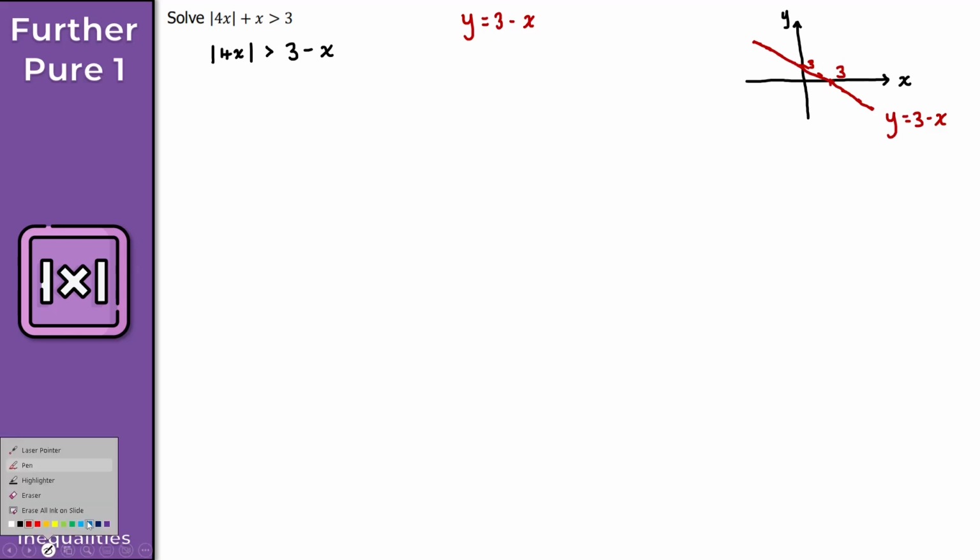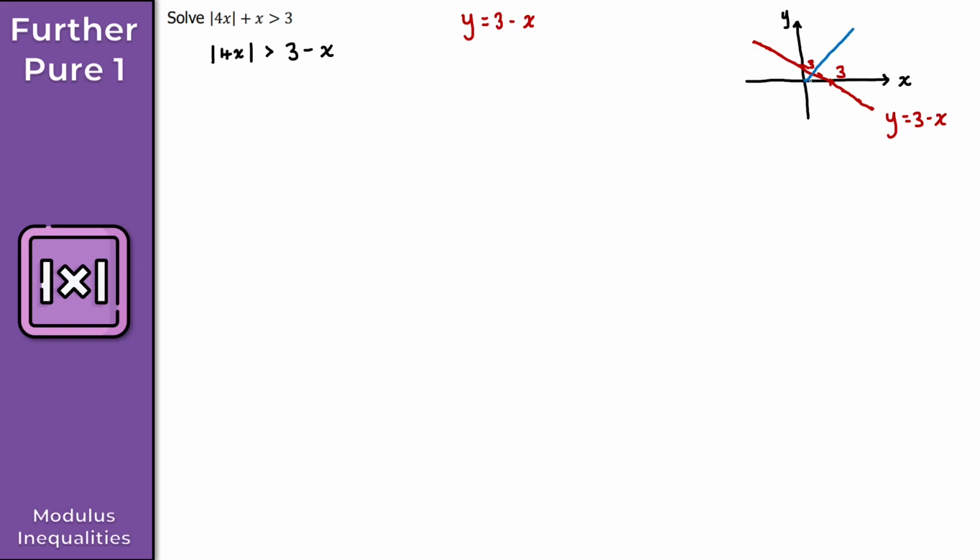And now, let's do the second graph here in dark blue. Well, this is just the modulus then of 4x. Pretty standard and straightforward to sketch. We just get that classic V shape for modulus functions. So this would just be a straight line, y equals 4x. And normally this would just go down, right?